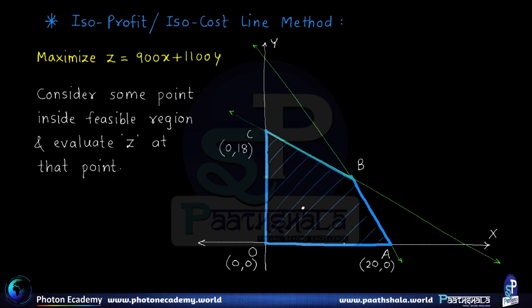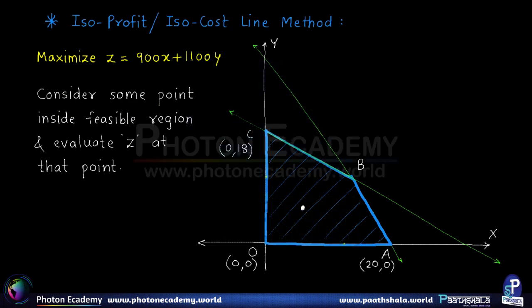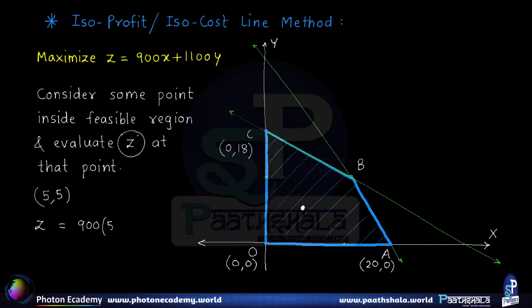Let us consider some point here, say (5,5), which is inside the feasible region, and we have to evaluate the value of the objective function at that point. If we substitute it in z, we get z equals 900 into 5 plus 1100 into 5.